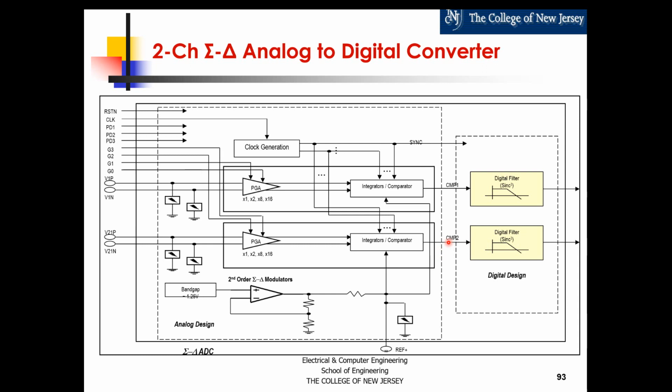It is much higher than the bandwidth that you are interested in for this as a product. Then you put in this low pass digital filter, which is the decimation filter, and you implement some function, for example the sinc cube function, and the sinc function is sine of x over x.